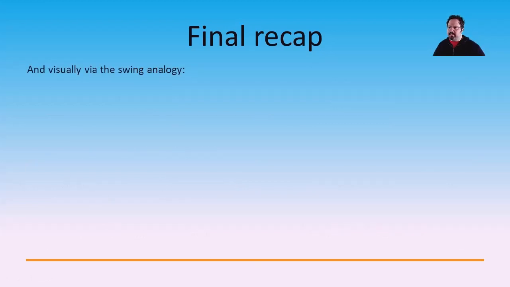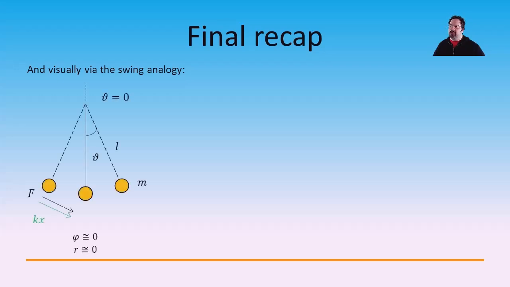And visually, via the swing analogy, that's the quasi-static area before resonance, where driving force and gravity or elastic force, depending on how you want to see the phenomenon, are synced.